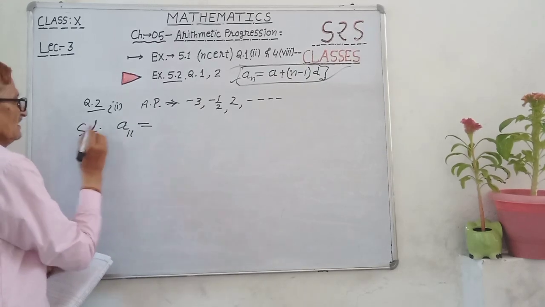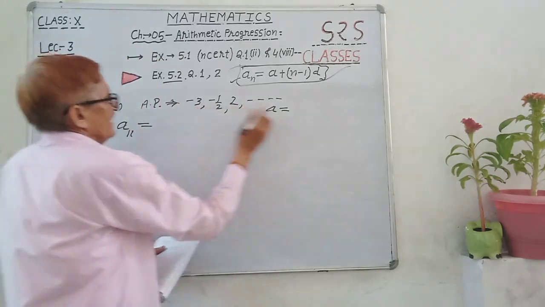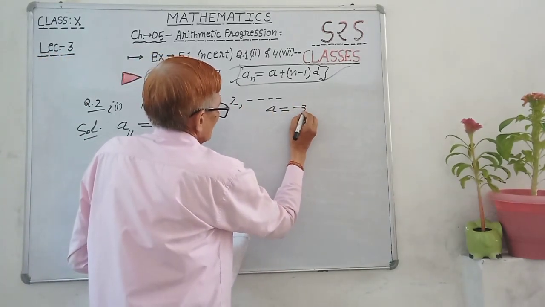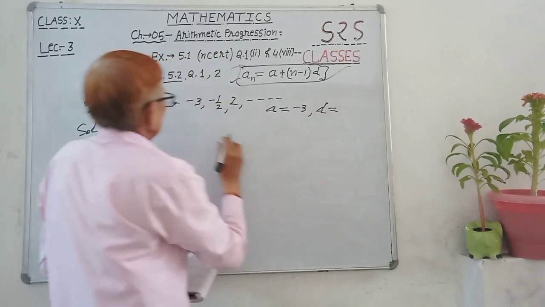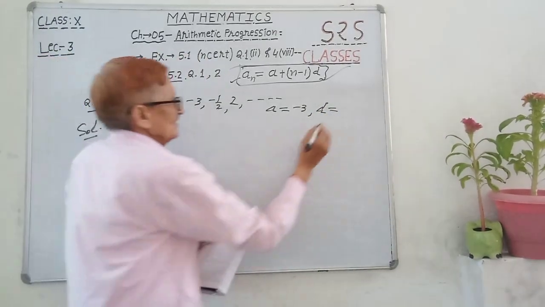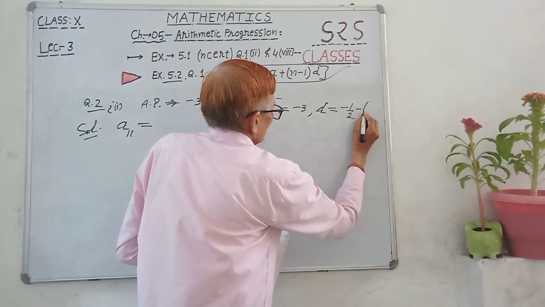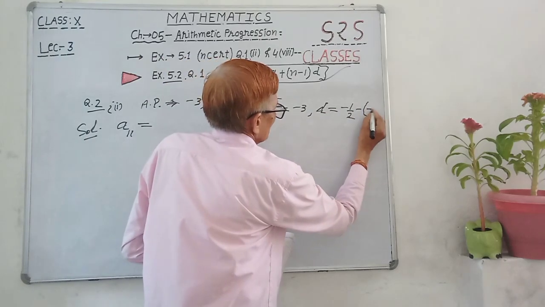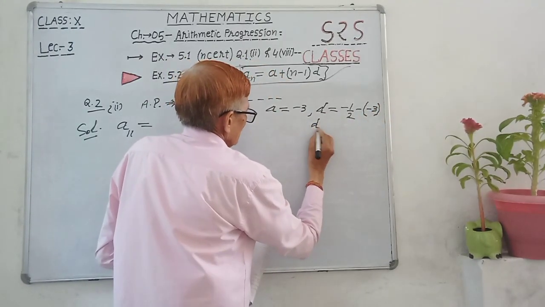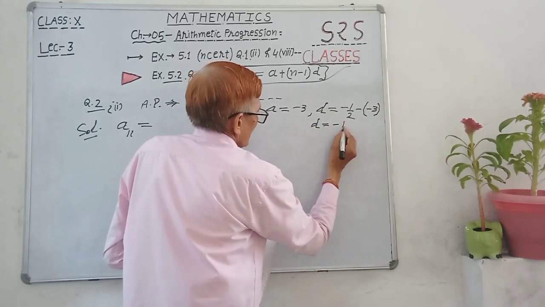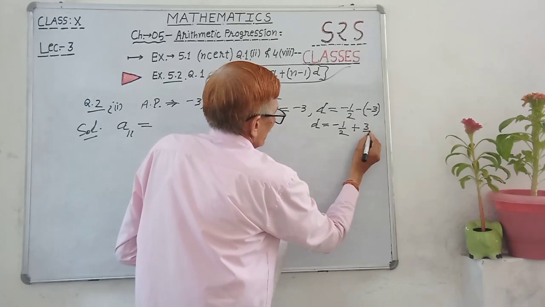Okay, A11. So here we can write A, the first term, as minus 3. And the common difference D is equal to the second term minus the first term. So minus half, the second term, minus the first term, minus 3. Solve this: D is equal to minus half plus 3 upon 1.